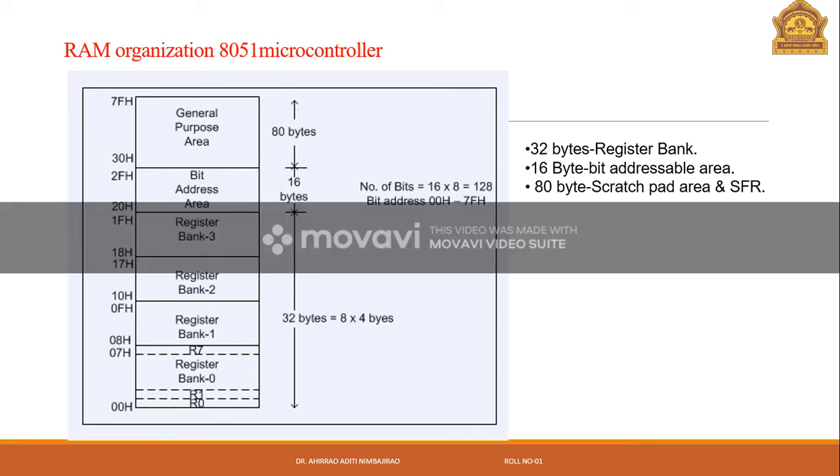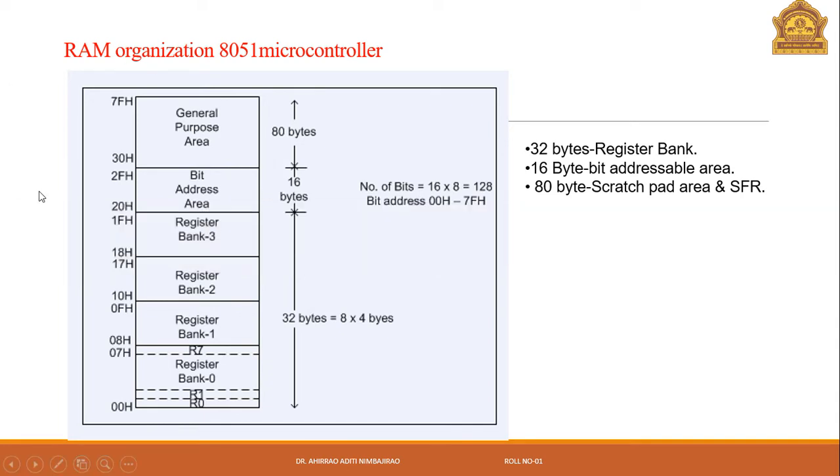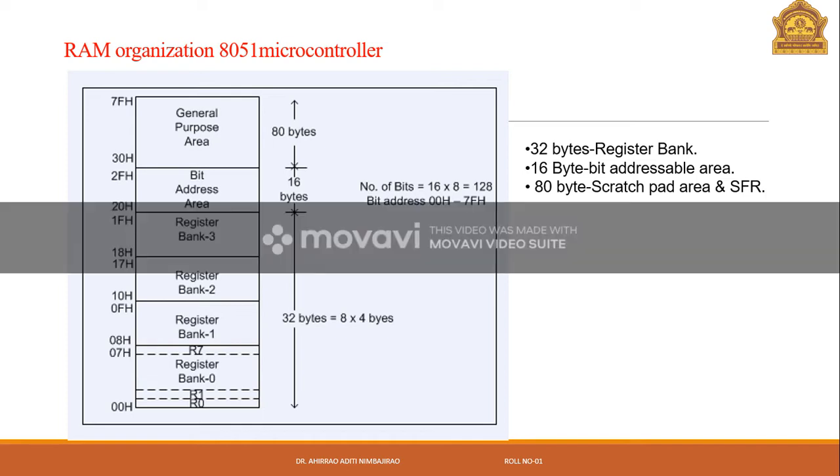In this, the lower 32 bytes are set aside for the register banks, and above that 16 bytes are assigned for the bit addressable area, where we can assign an address to a single bit only, and above that 80 bytes are for the general purpose area.